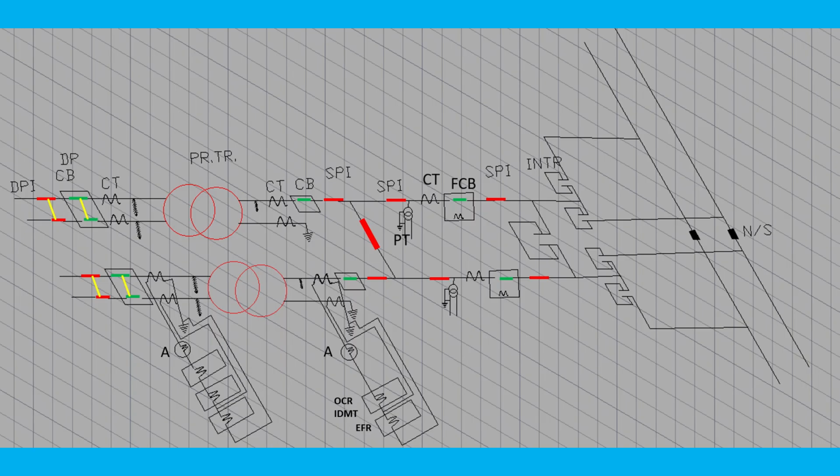Then the function of CTPT. What is CT? What is PT? Why is it used in the power circuit? That is also required because CTPT is converting this huge power into controlling power for operation.